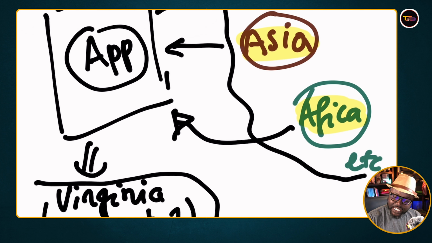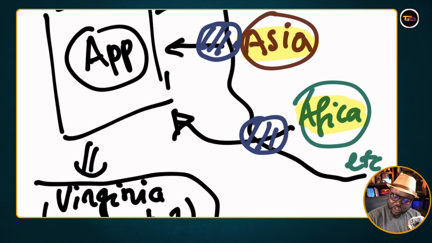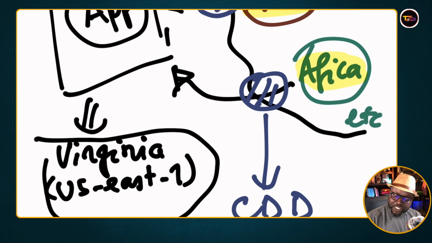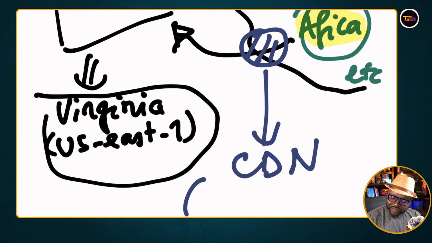So you're going to need something here, and also something here, so that all of these people have the same user experience. This is what we call a CDN, and Amazon Web Services, or AWS, has one that we refer to as CloudFront.